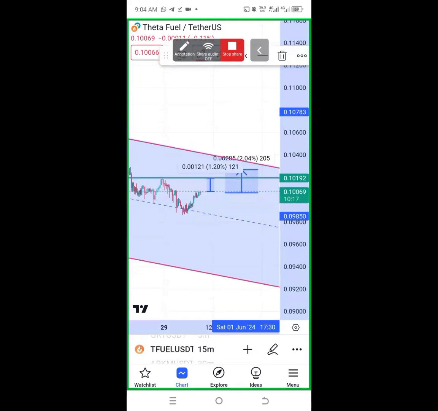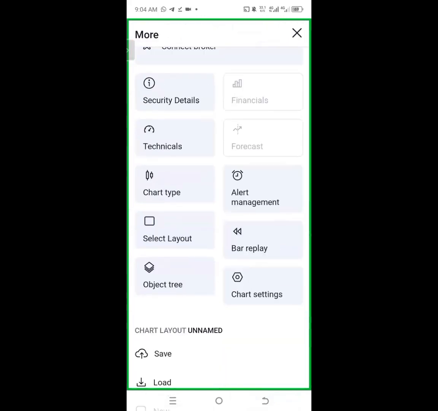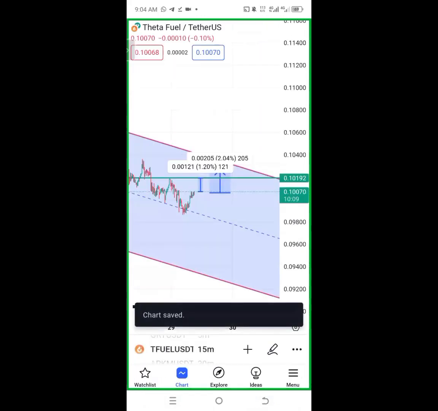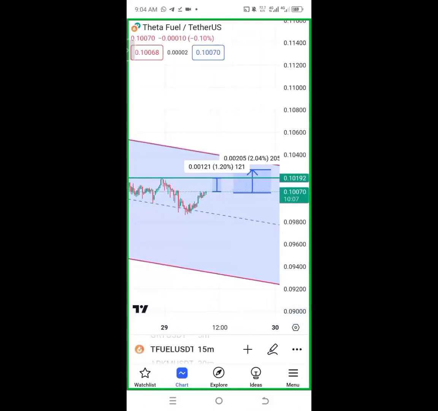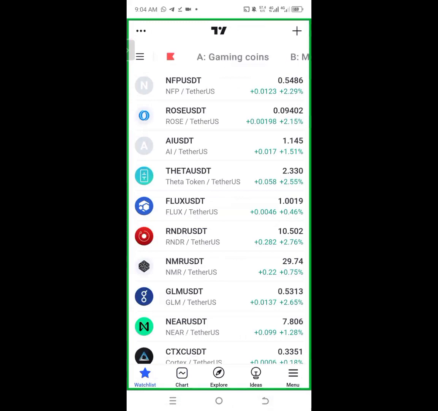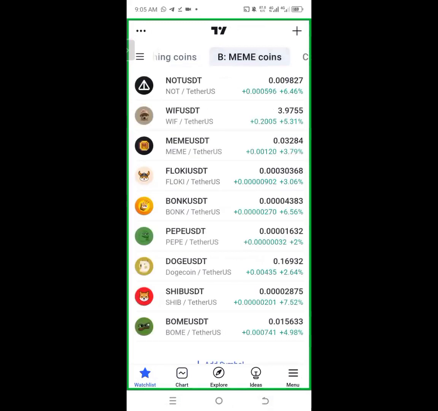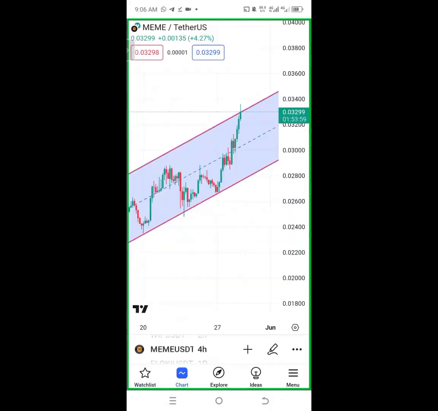All right. So basically, that is how you draw these trend lines and how you identify entry opportunities on the chart. And I believe now you know why you are supposed to draw these trend lines and monitor them, right? Save this.